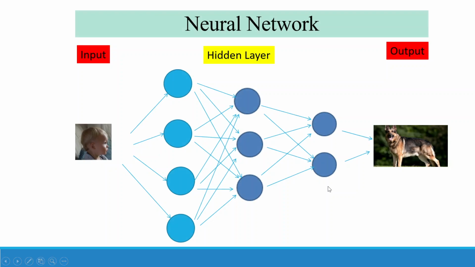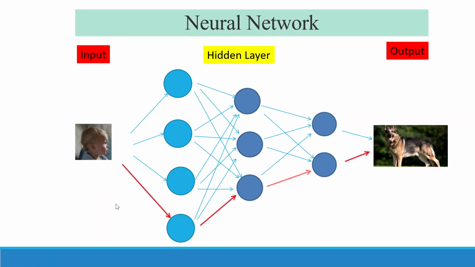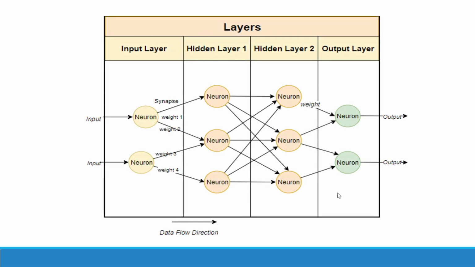So this is the neural network architecture. Input, the hidden layer, and the output. Now the path which was taken by the child to identify the object, all the neurons in this path will get activated. So this is the architecture. It consists of input layer, neurons, hidden layer, and the output layer.